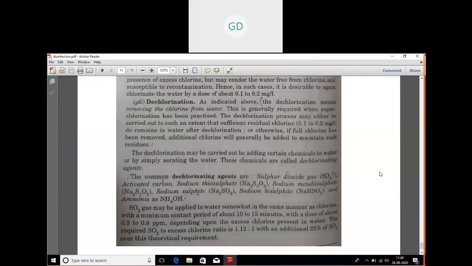You cannot supply the water with the chlorine remaining, so that you can supply the water to the public.